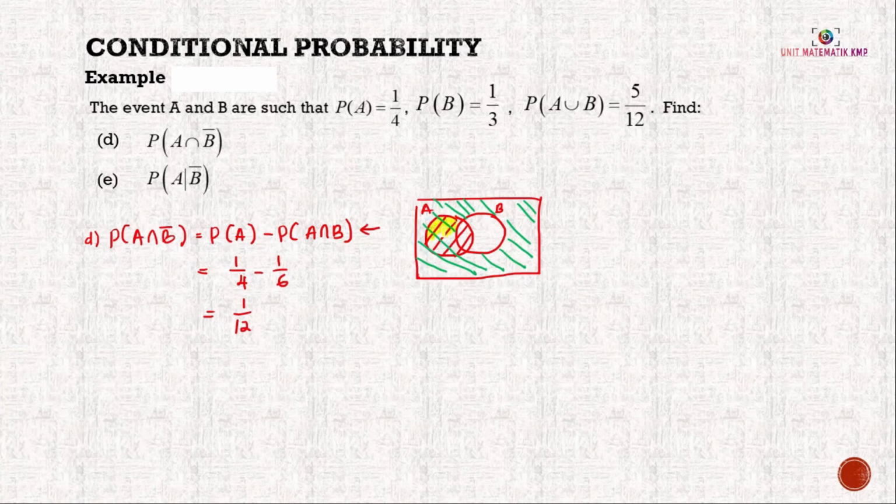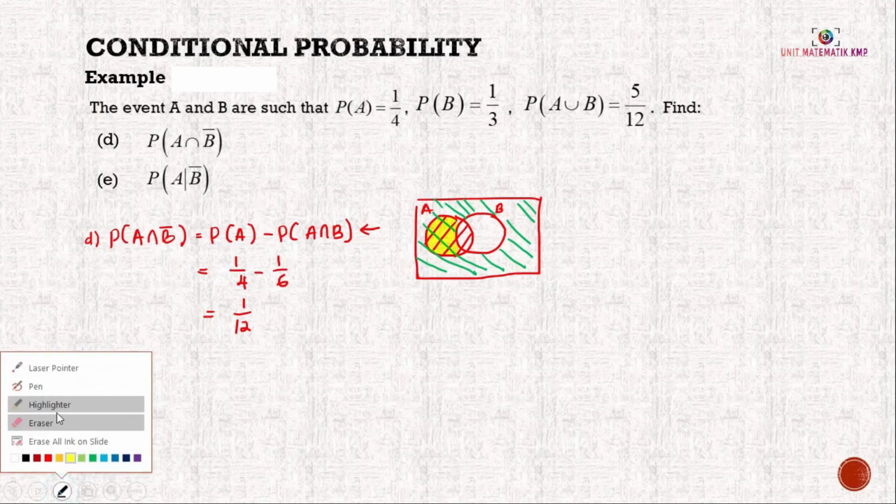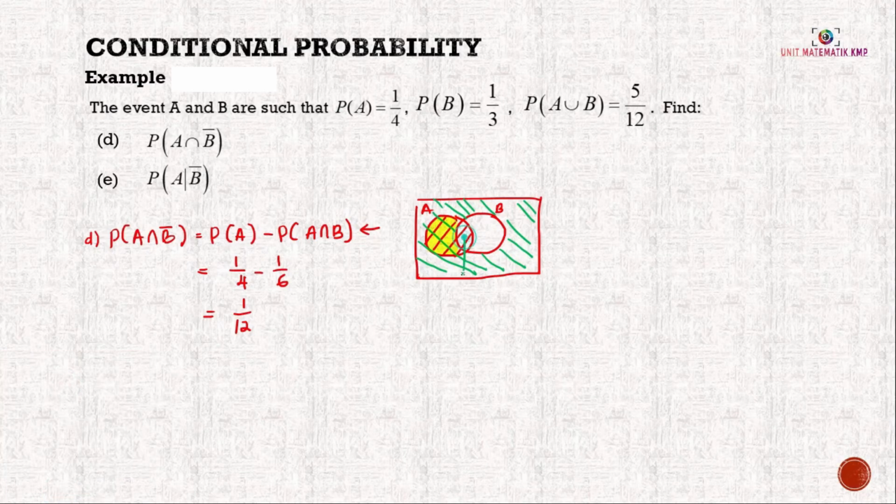So to find this yellow part, we take the probability of A minus the probability of A intersect B. Okay. So do this if you don't remember the formula.